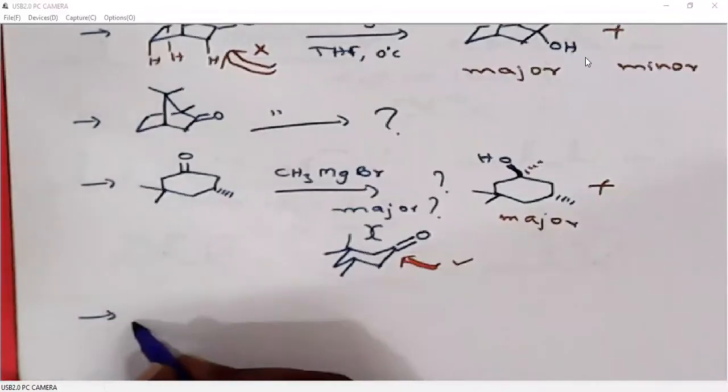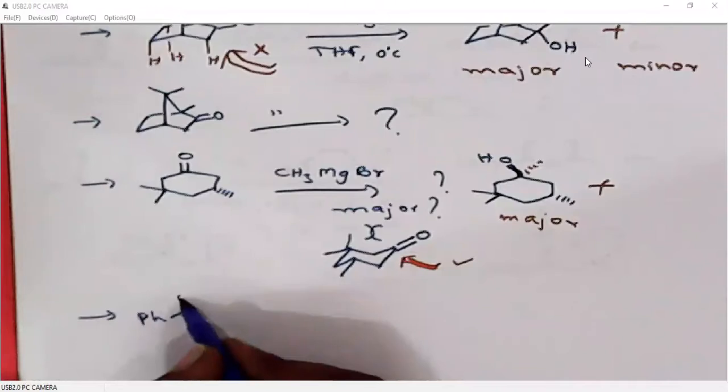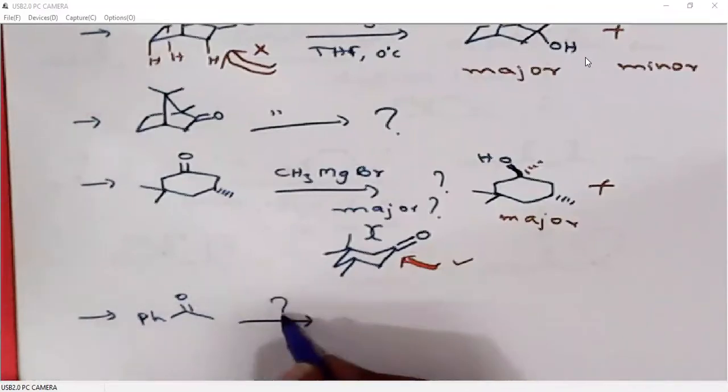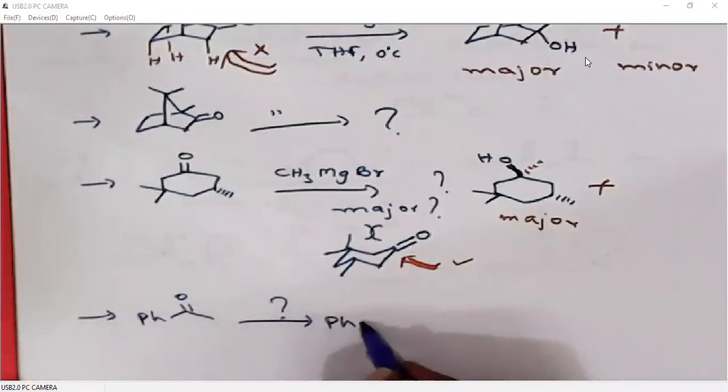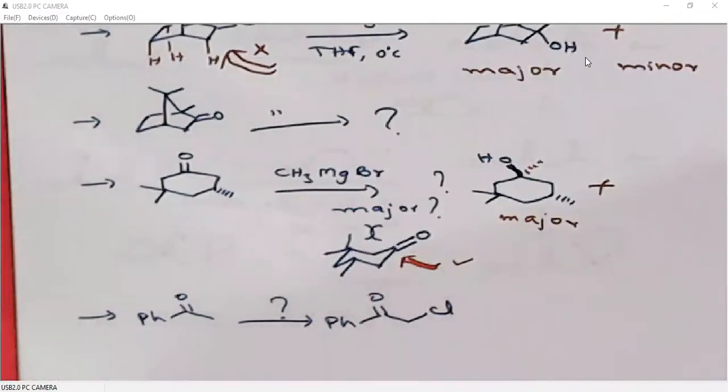In the next example, carbonyls can be halogenated at the alpha position.